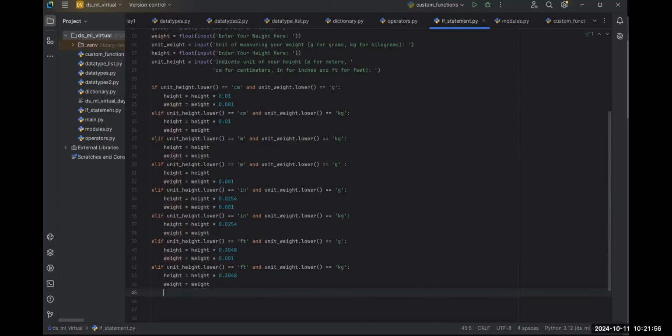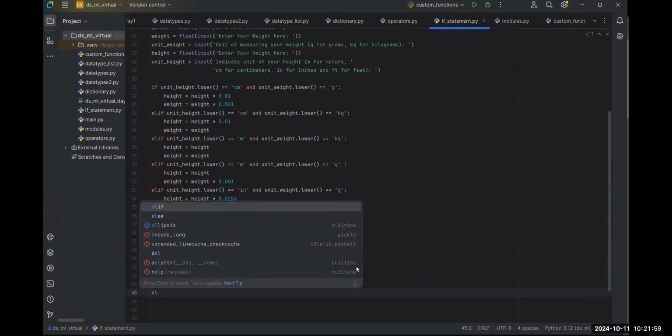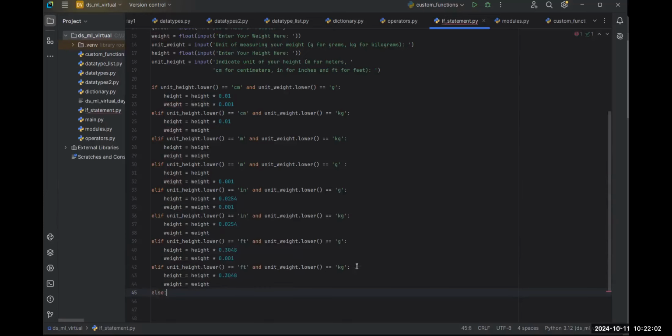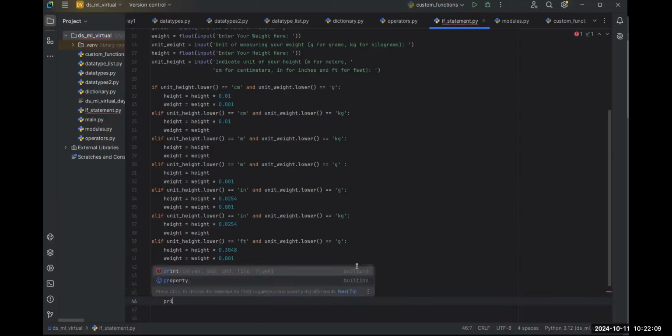That is now when we say else, which is ending our code. Else, print: no unit specified.